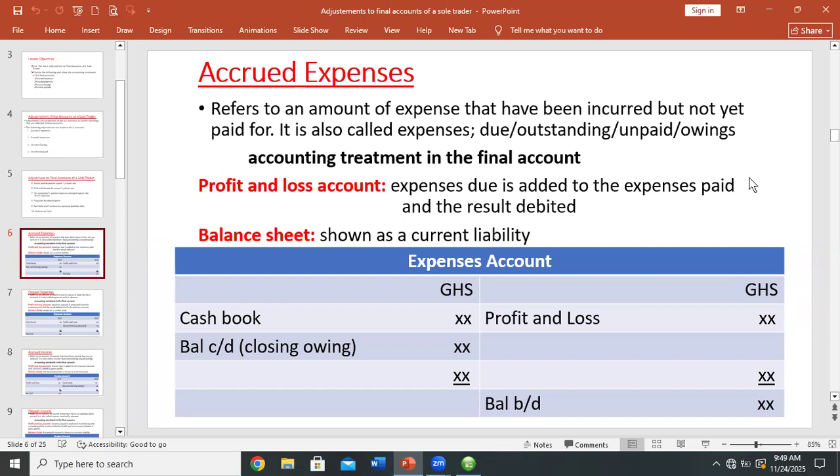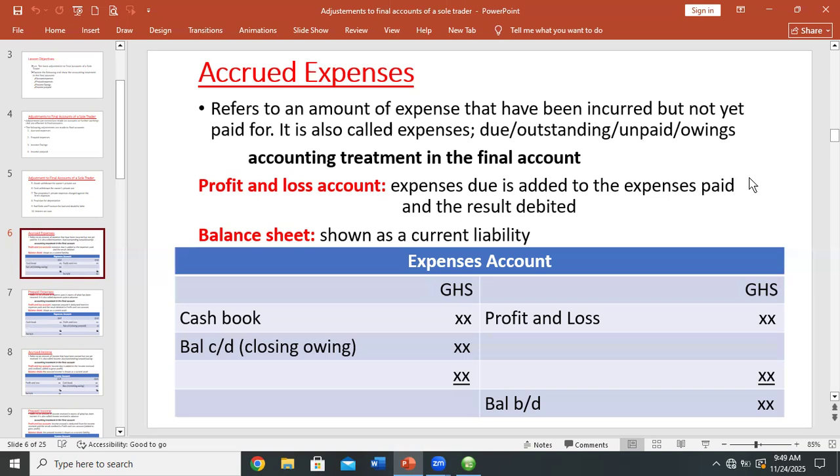If, for example, in the year 2024, you didn't pay rent for say 3 or 4 months, you might have paid the 9 months, but if you have not paid for the 3 months, then that constitutes an expense accrued or an expense owed.